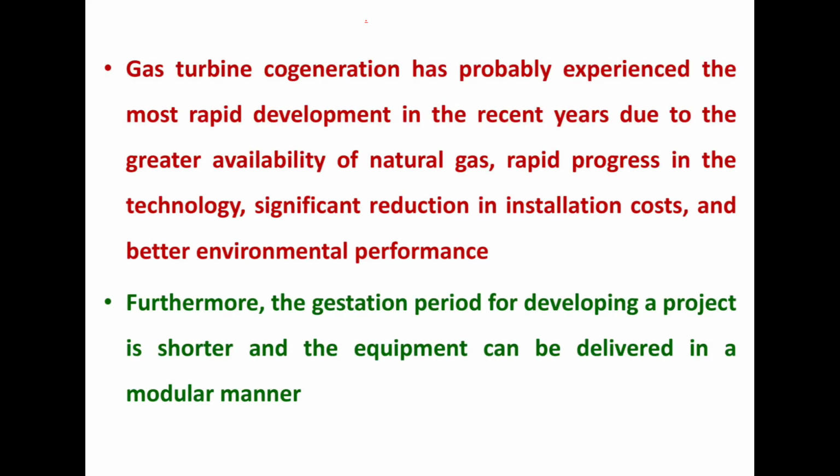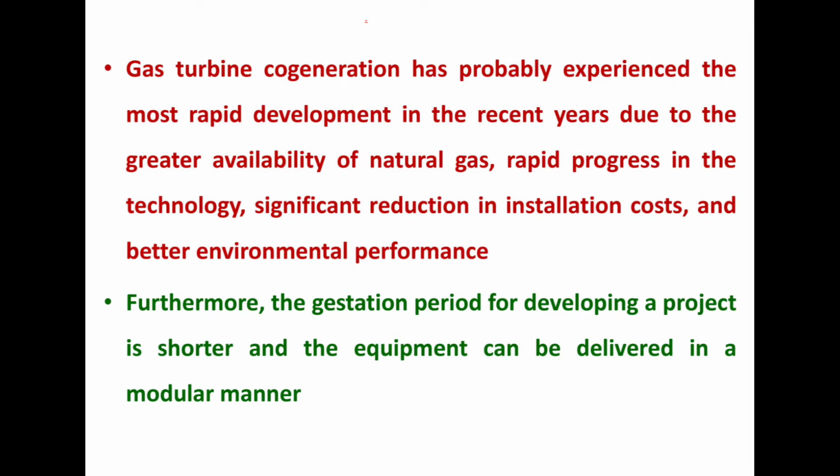Gas turbine cogeneration has probably experienced the most rapid development in recent years due to the greater availability of natural gas, rapid progress in the technology, significant reduction in installation costs, and better environmental performance.